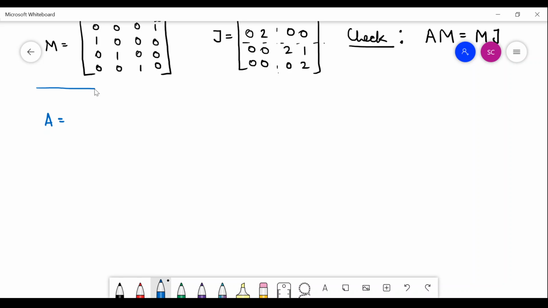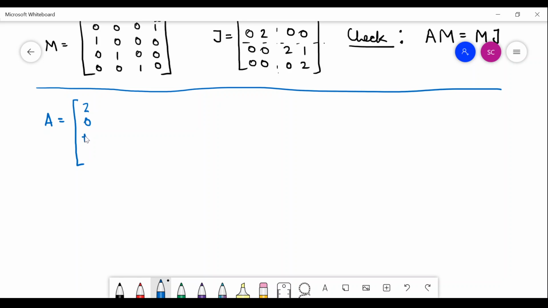Okay, so there is a big line here. 2 0 1 0 0 3 minus 1 minus 3 0 3 1 0 1 0 1 3 0 1 minus 1 0 1 0 minus 2 0 3.